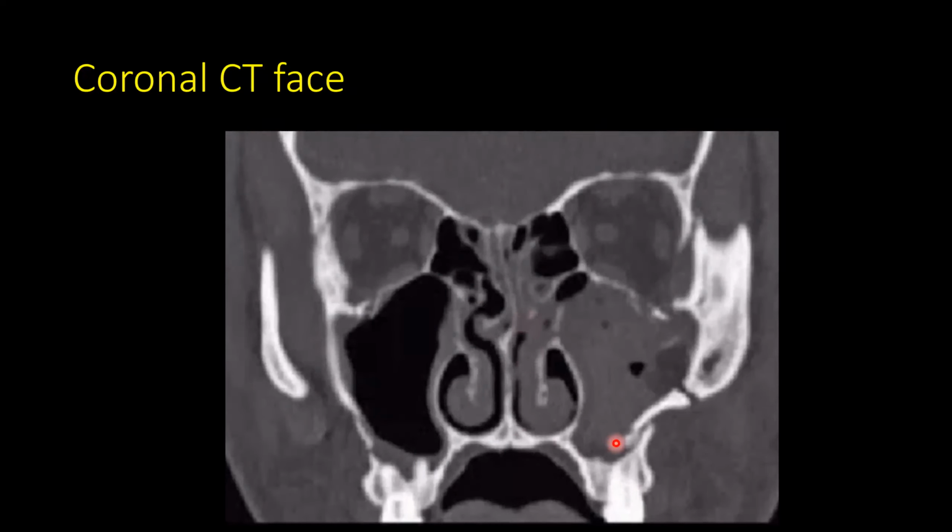But if you look at the left side, it is opaque. There is some structure here. And since these are bone windows, you don't see the soft tissues better. Actually, this is a bit denser than what you see. So there is blood, hemosinus on the left side. And if you look at the bony structure, then you might have definitely seen that there is fracture here, and also part of the orbit that you see, there is also a blowout fracture.